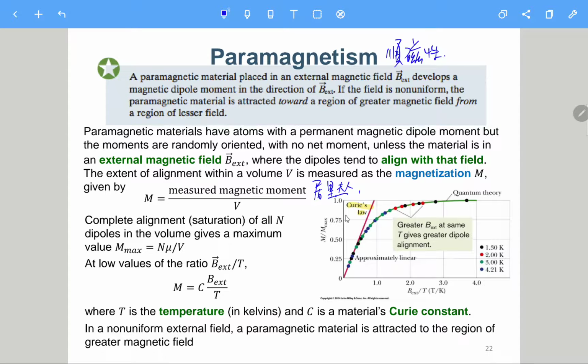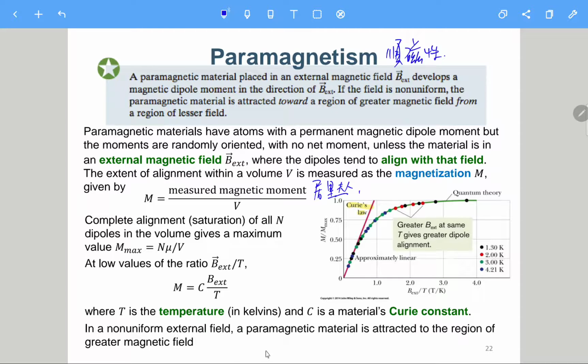So at that time, she found Curie's law, which is that the magnetization equals the Curie constant times the B external over the absolute temperature, which is this red line. So in a non-uniform external magnetic field, the paramagnetic is attracted to the region of greater magnetic field.